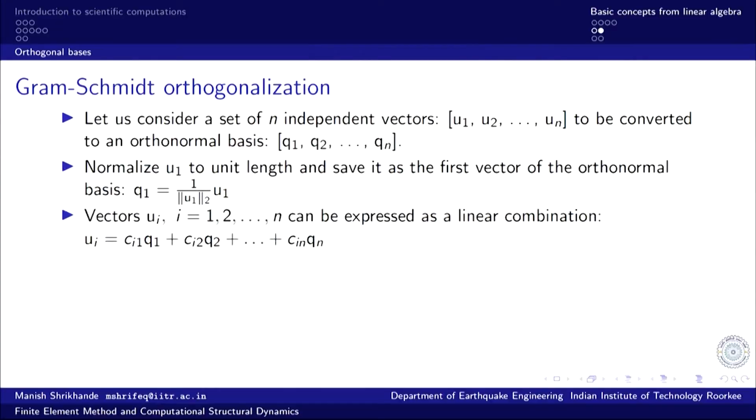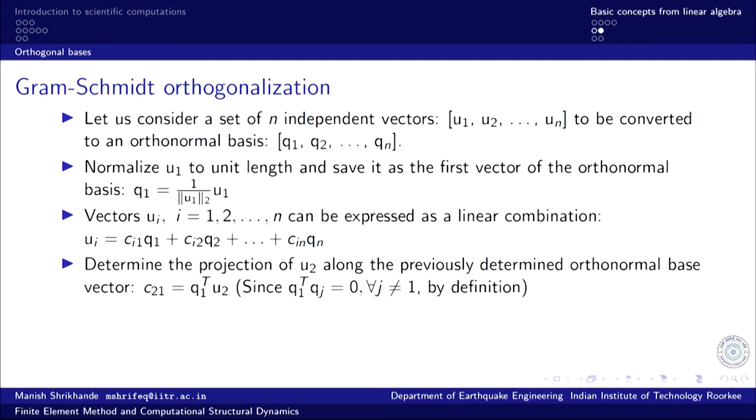So, any vector ui can be expressed as a linear combination. Remember, we have already computed q1 here. So, theoretically any arbitrary vector ui can be represented as ci1 q1, ci2 q2 up to cin qn. Now, I can find out the projection along the previously determined orthogonal basis, let us say q1.